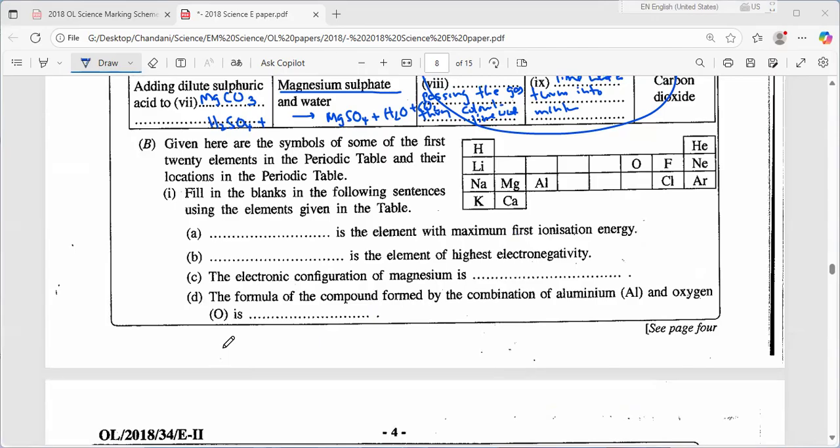So after seeing the product, you should have the ability to find the reactants. From the reactants, you should know how we can get the product. On the other hand, if they give the product, you should be able to get the reactants as well.